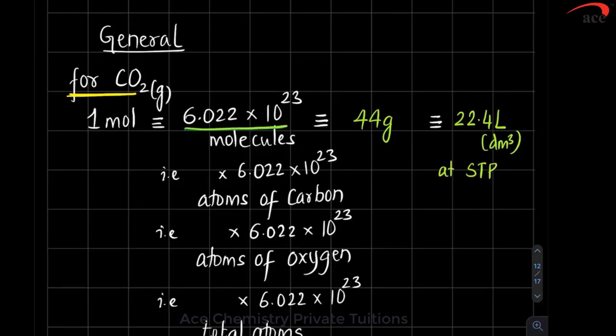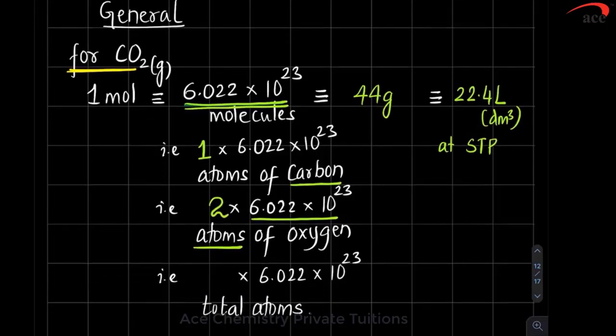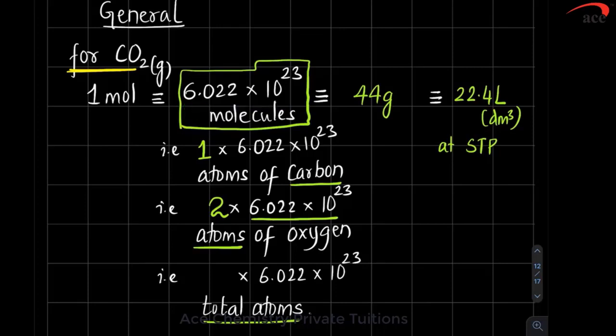Now, in this number of molecules, how many carbon atoms are present? You simply multiply this by the atomicity of carbon. If somebody asks how many oxygen atoms are present, take that number and multiply by the atomicity of oxygen, that is 2.